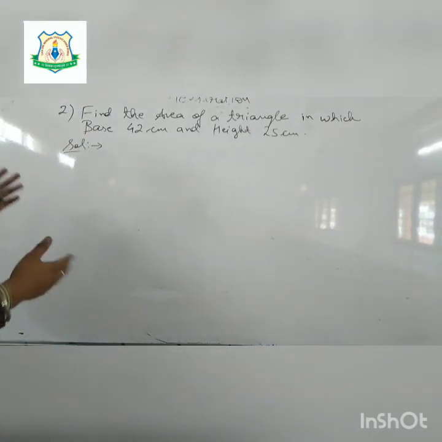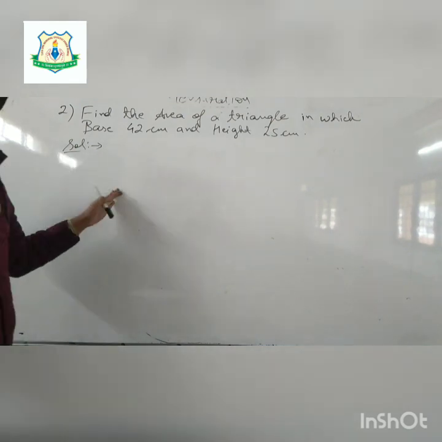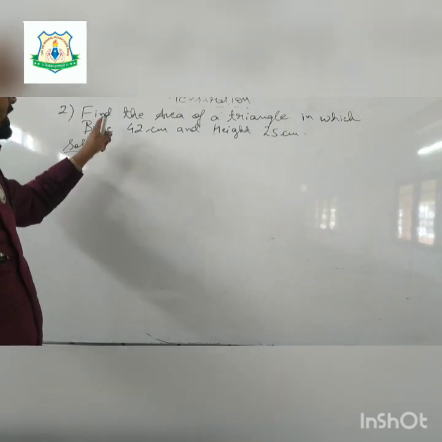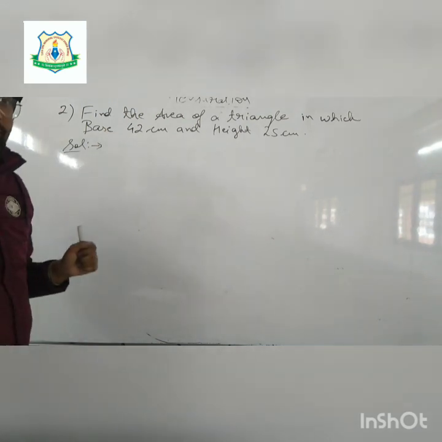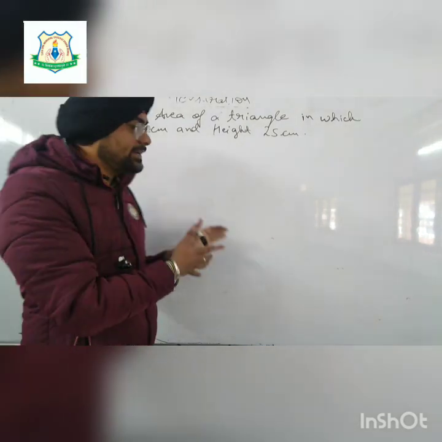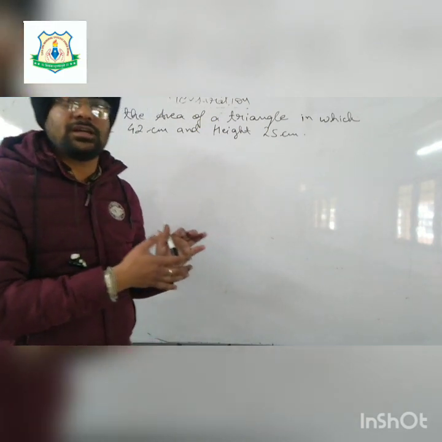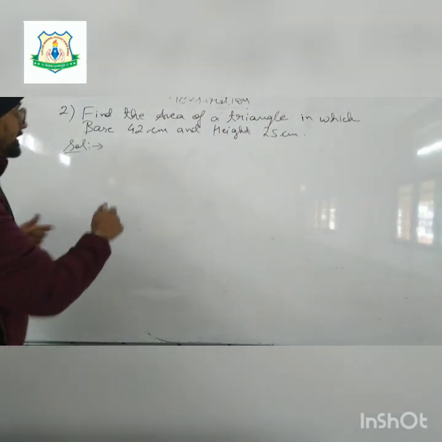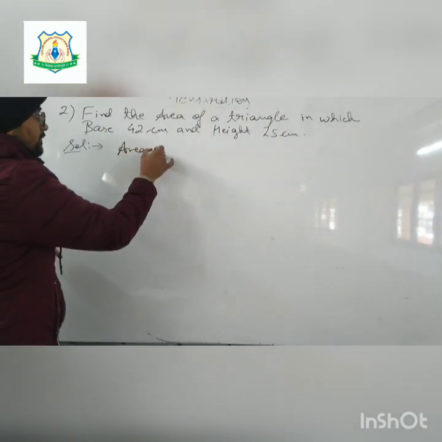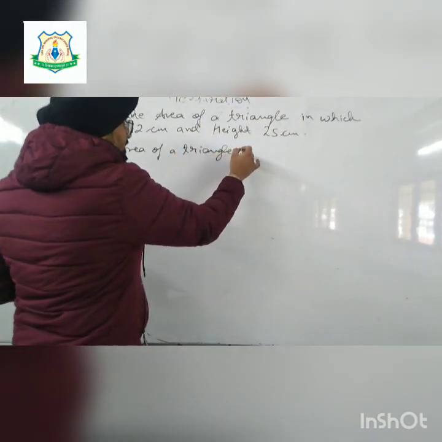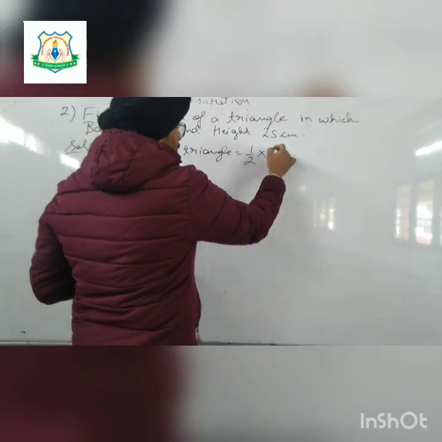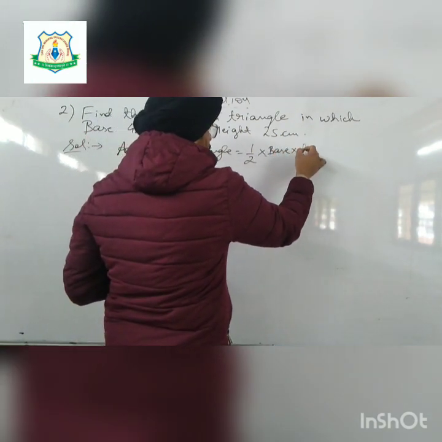Now see one question I have taken, and this question is based on the area of triangle. It is written that find the area of a triangle in which base is 42 and height is 25. So whenever the base and height is given, it always considers the case of right angle triangle. And the formula for the area of a triangle is half into base into height.